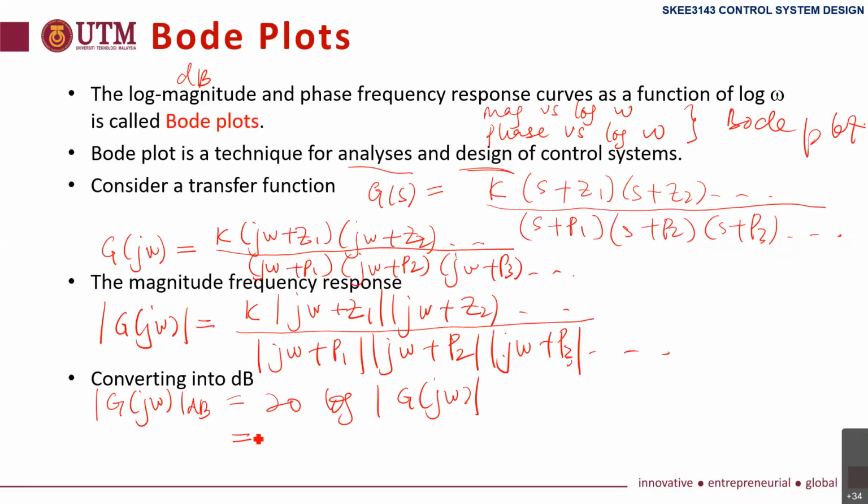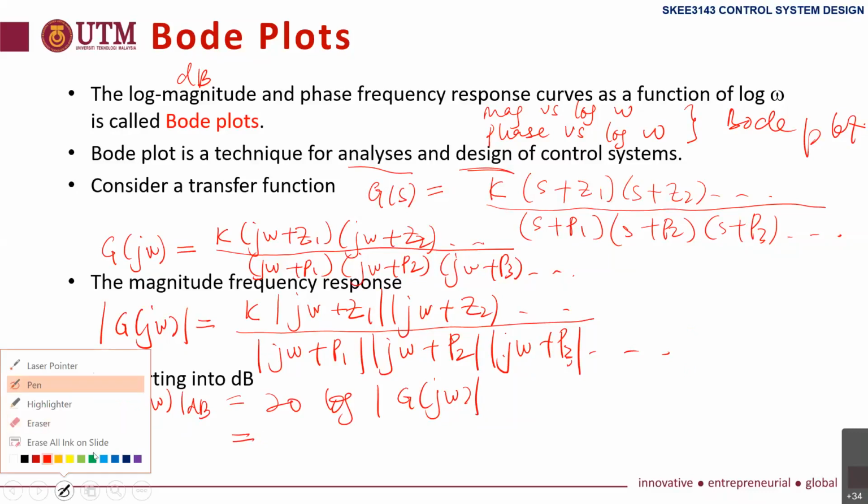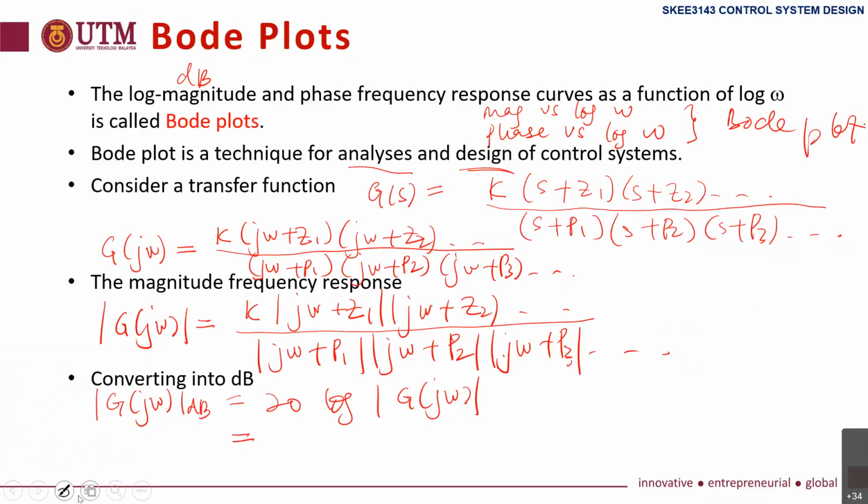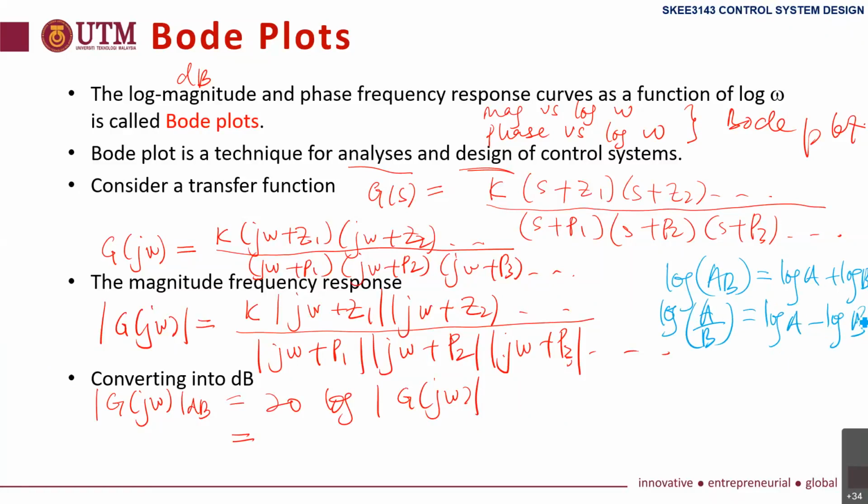In log, we know that when we manipulate log, if we have log AB, if this is multiplied, then we can just add: log A plus log B. If A divided by B, then we subtract: log A minus log B. If log AB over C, then it is log A plus log B minus log C.